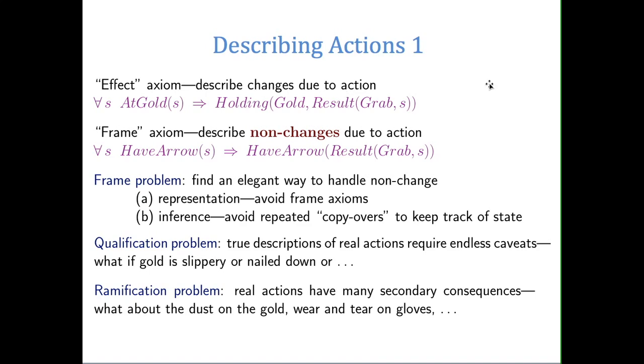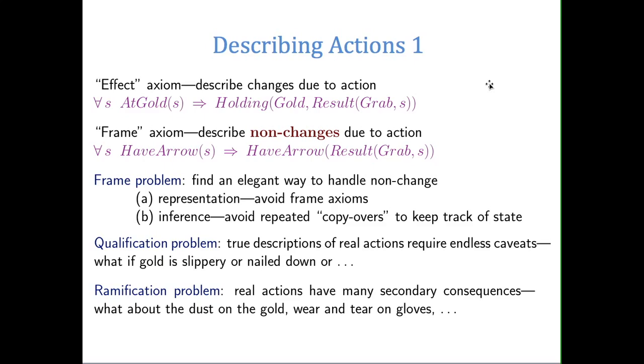And that's a way of describing what changes. Another approach would be to describe what doesn't change. So we could say for all s, we have the arrow in situation s if we have the arrow in the situation where the result is grab. It was a grab, because we haven't shot the arrow, we've grabbed the gold instead.